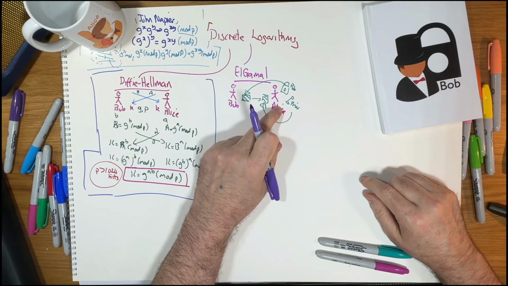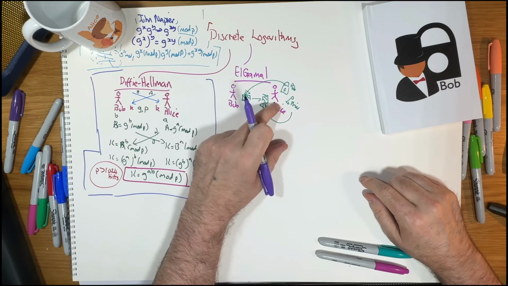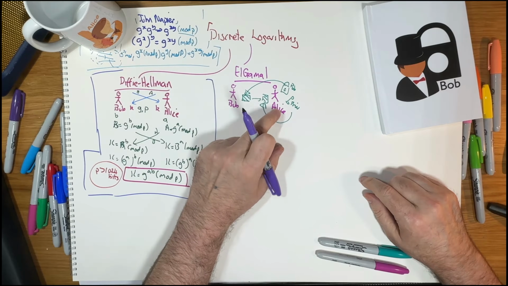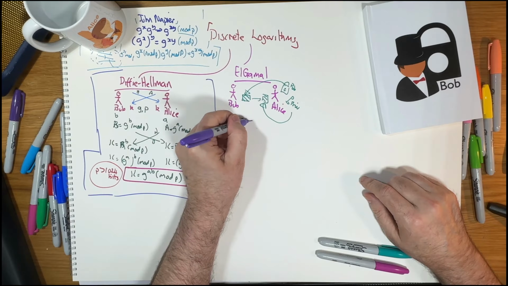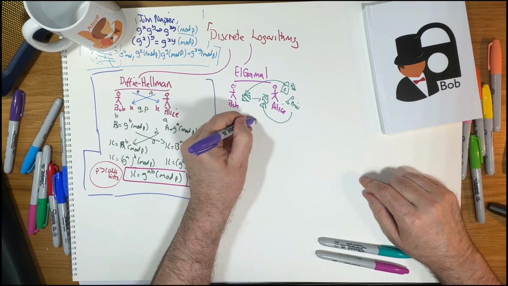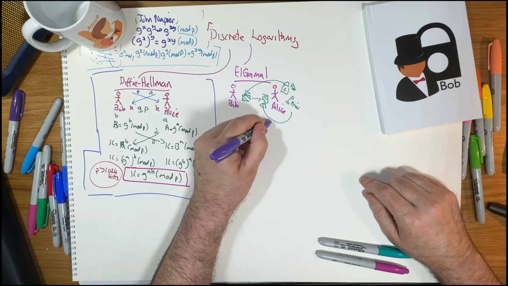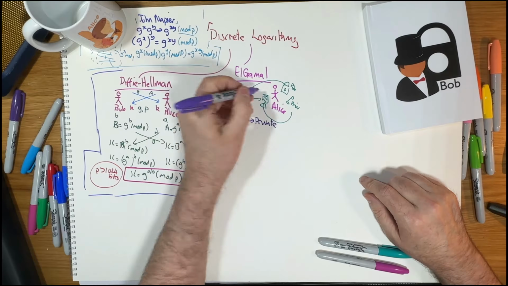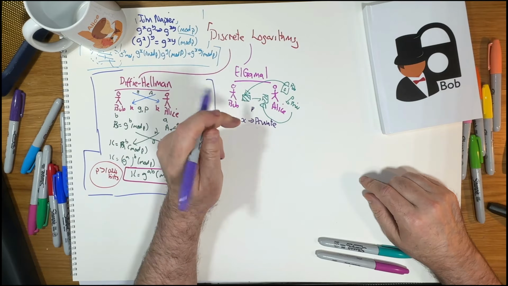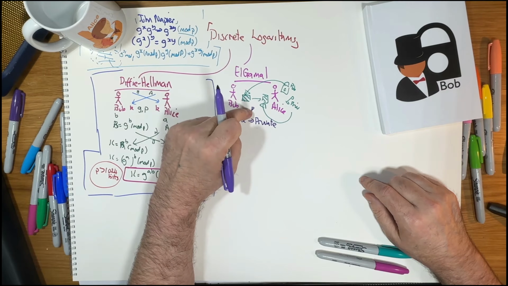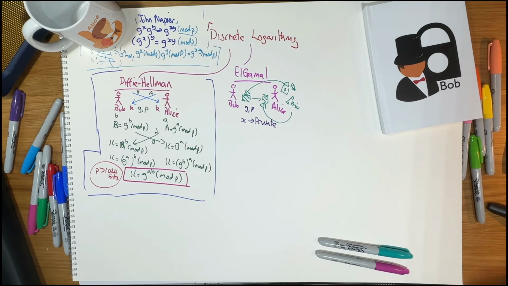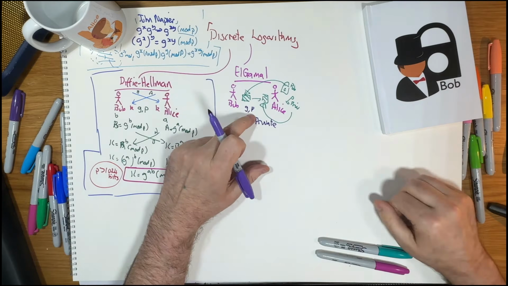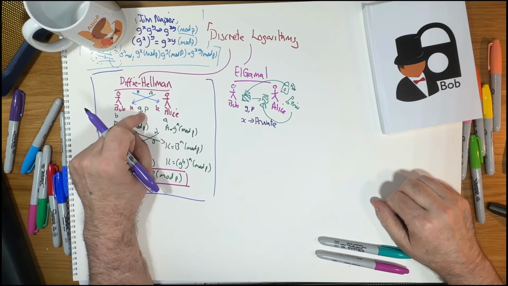So let's say that we're looking at Alice creating her key pair. Initially, she defines X as her private key. Again, we define the prime number that we're going to use for that, and we also select a G value, or a generator value, as we did here.